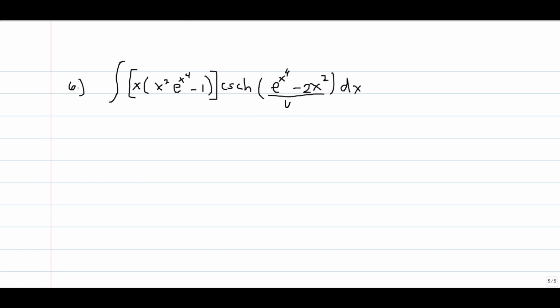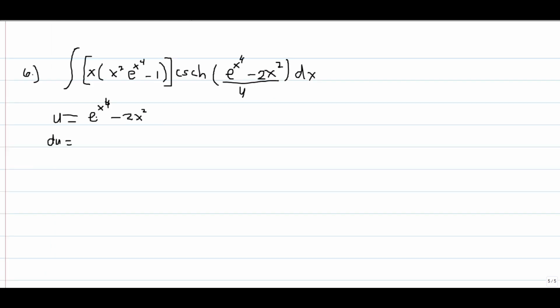By the way, I let u equal e to the power x to the fourth minus 2x squared. What is the derivative of e to the power x to the fourth? We can apply the chain rule here, so we also differentiate x to the fourth, which is 4x cubed.